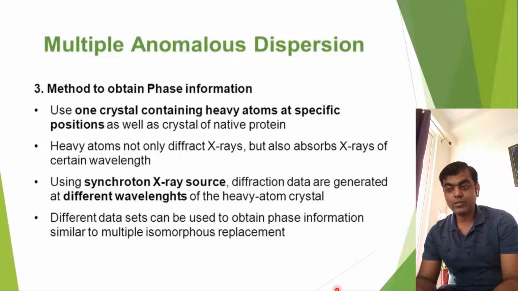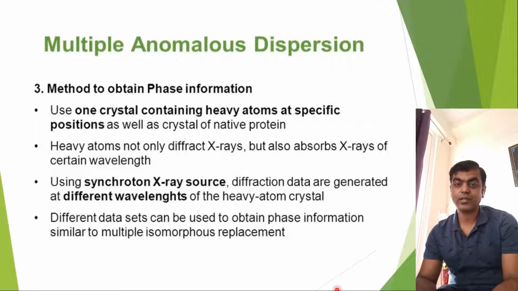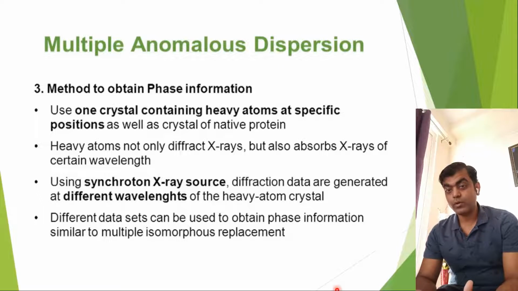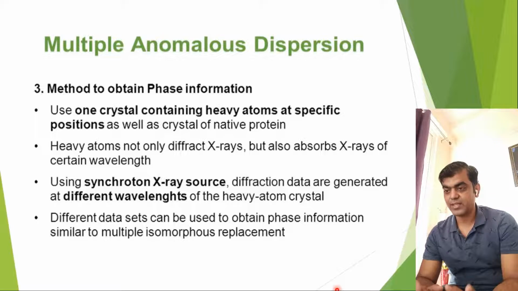Now heavy atoms not only diffract X-rays, but they also absorb X-rays of certain wavelength. Yes, they will absorb. So we know the diffraction pattern of heavy atoms. We also know that they will absorb a certain portion of a certain wavelength of the X-ray.